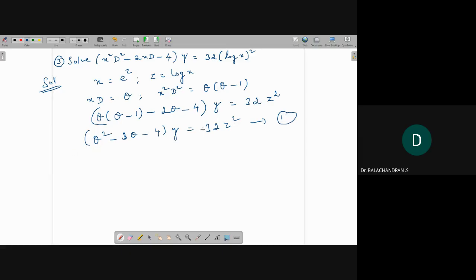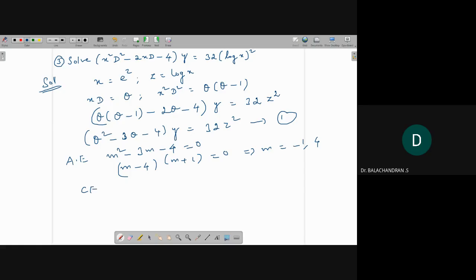This is a second order linear differential equation with constant coefficients. So the auxiliary equation is m square minus 3m minus 4 equal to 0, m minus 4 into m plus 1 equal to 0. This implies m equal to minus 1 and 4.